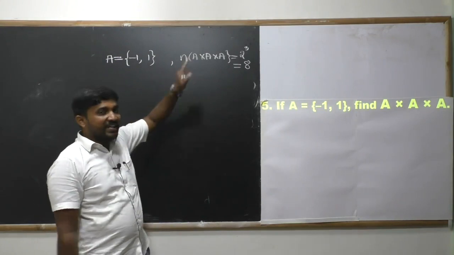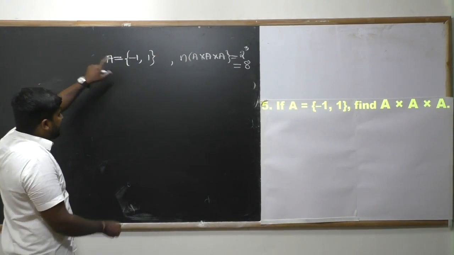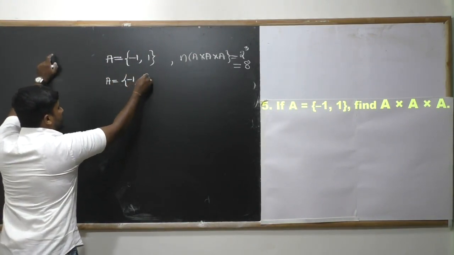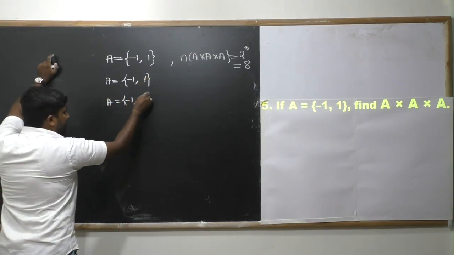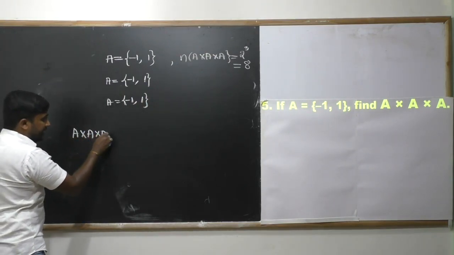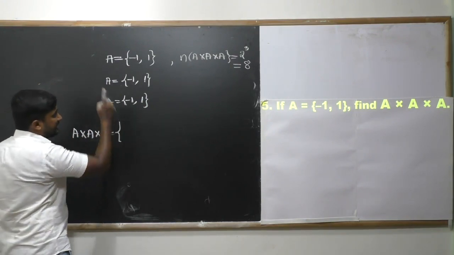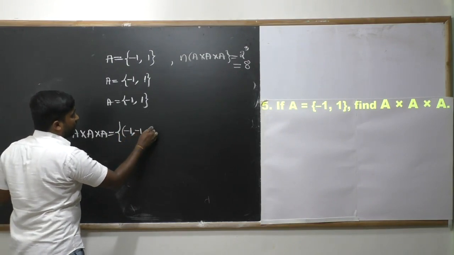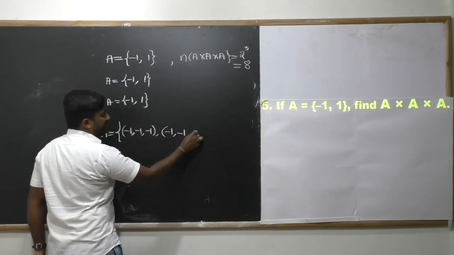So A cross A cross A gives us ordered triplets. Here is the set A. I am writing this set A again twice. So minus 1, 1. Next, A is the set with elements minus 1, 1. Now what are the elements of A cross A cross A? Okay, please list out the ordered triplets. First ordered triplet is (minus 1, minus 1, minus 1). Next, (minus 1, minus 1, plus 1).